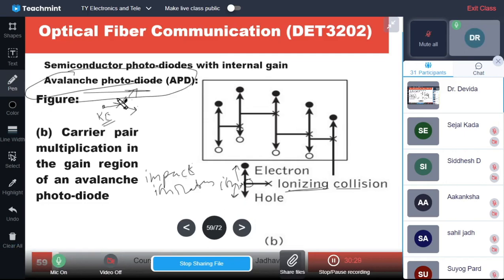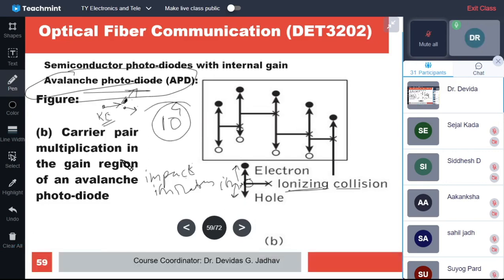So this multiplication factor may be of the order of 10 raised to 4. One electron releases thousands of electrons. Okay, that much high kinetic energy it acquires to release hundreds and thousands of electrons. So this is called gain.